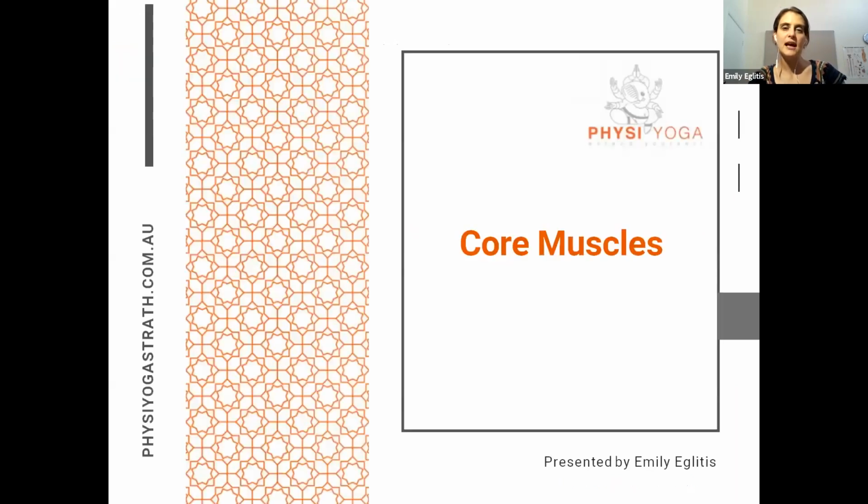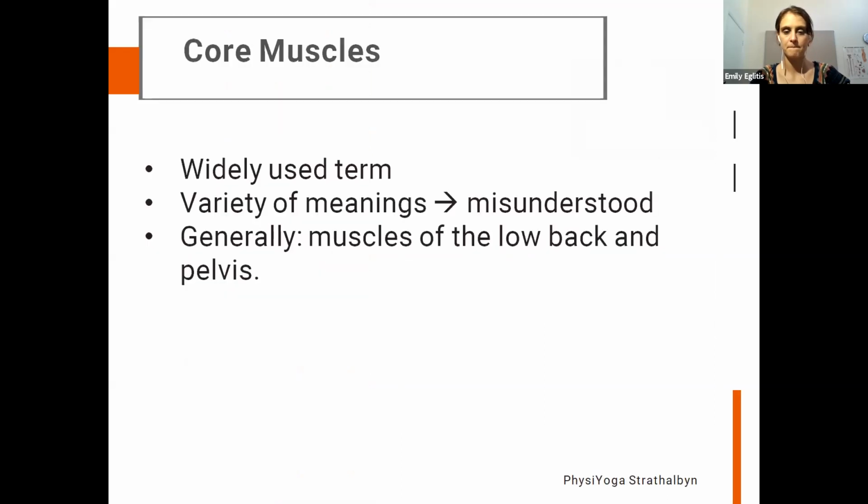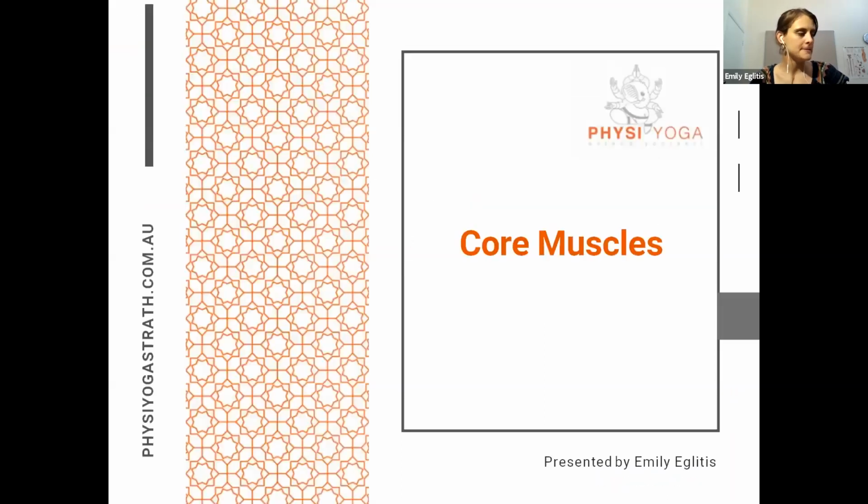So let's now move forward to understand core muscles and their role in this. I'll just go back a sec. So a key part of achieving good posture is that the muscles that are responsible for holding you up are working efficiently. And many of these things that influence your posture also will influence your core muscles.